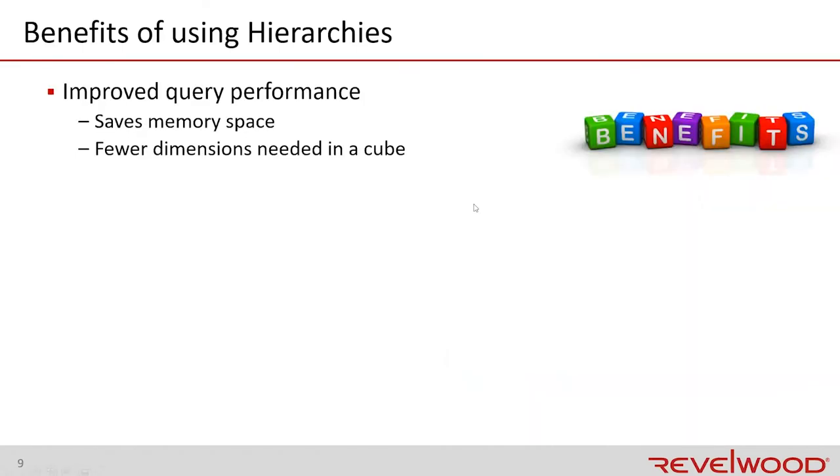Okay. So what are the benefits? Well, number one, you're saving memory, right? Because your cube size does not change. If you were literally adding new dimensions to a cube, you would end up increasing that cube size. Also, you don't need as many dimensions in the cube. These new hierarchies and virtual dimensions are kind of a bonus that you get for zero cost.